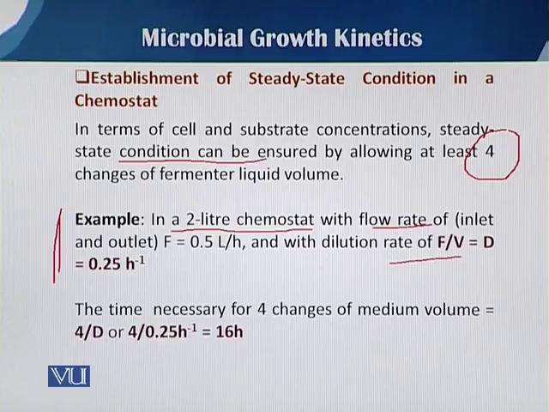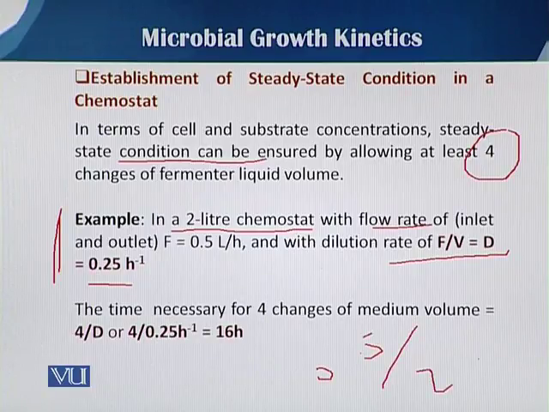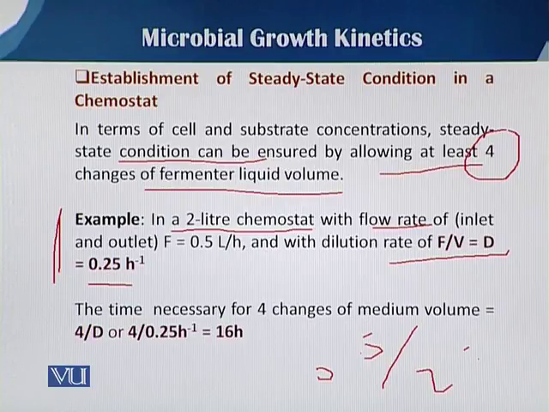Then we can easily calculate the dilution rate D. If we divide 0.5 by 2, the answer is 0.25 per hour. Since we said that at least 4 changes are needed, we have 4 over 0.25 per hour.